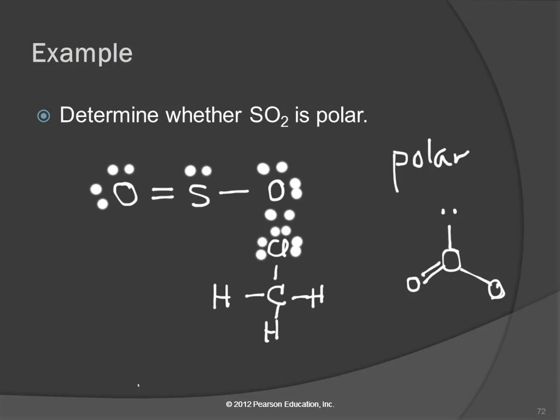We're looking at the central atom. No lone pairs. Are the atoms bonded to the central atom the same? What about this guy? We've got 3 hydrogens and chlorine. Do hydrogen and chlorine have the same electronegativity? No, they don't. So this one is also going to be polar.